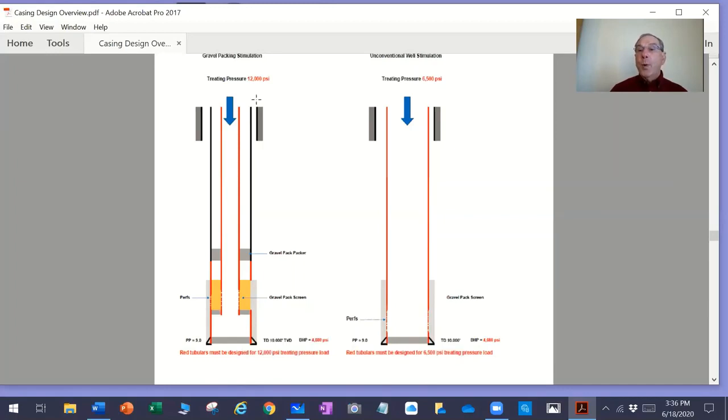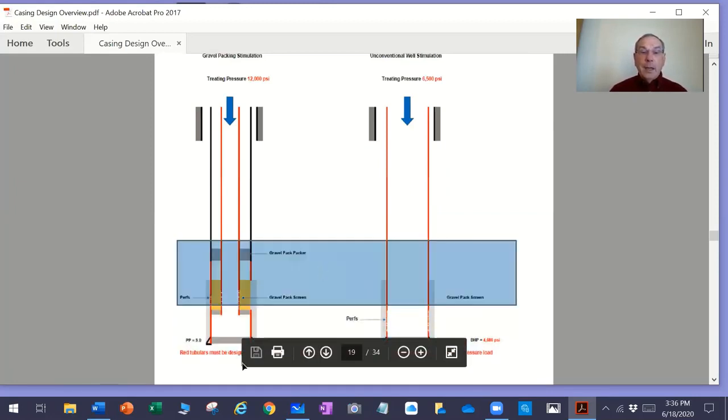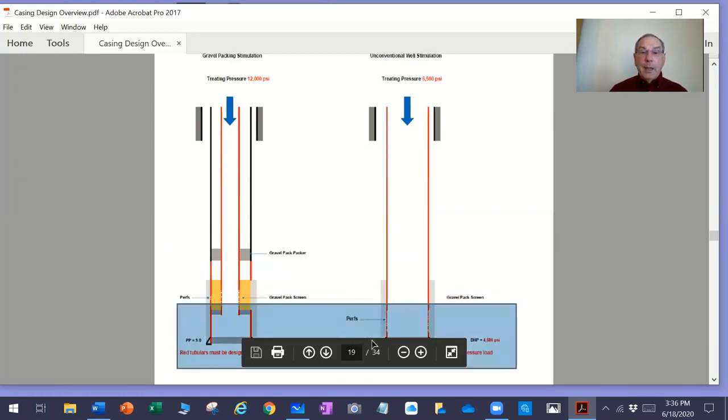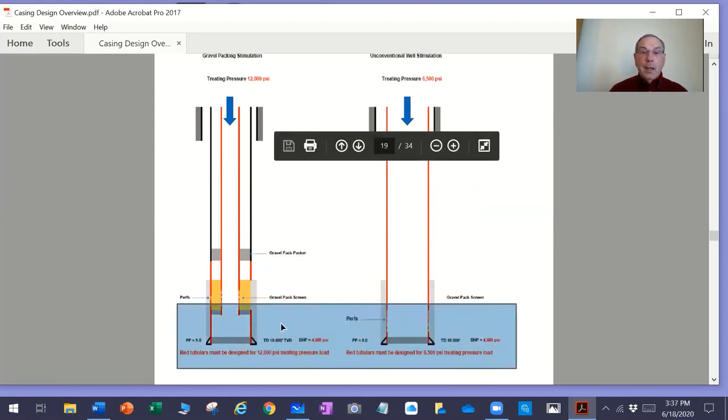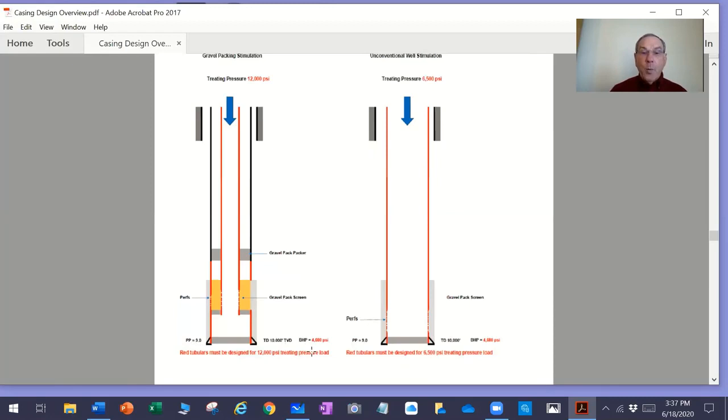If I'm going to be pumping at 12,000 psi, maybe at 11 barrels per minute, on this particular well that I drew up, it's at 10,000 feet, and it has a 9 pound per gallon pore pressure, which is only a bottom hole pressure of a little bit over 4,600 psi.